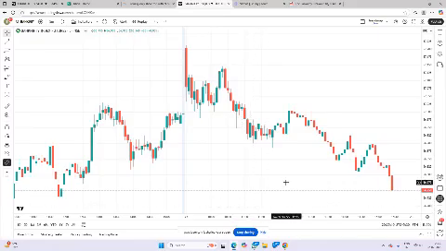Almost everybody's focus is to find the pattern in price, but our focus is always to find the pattern in time.